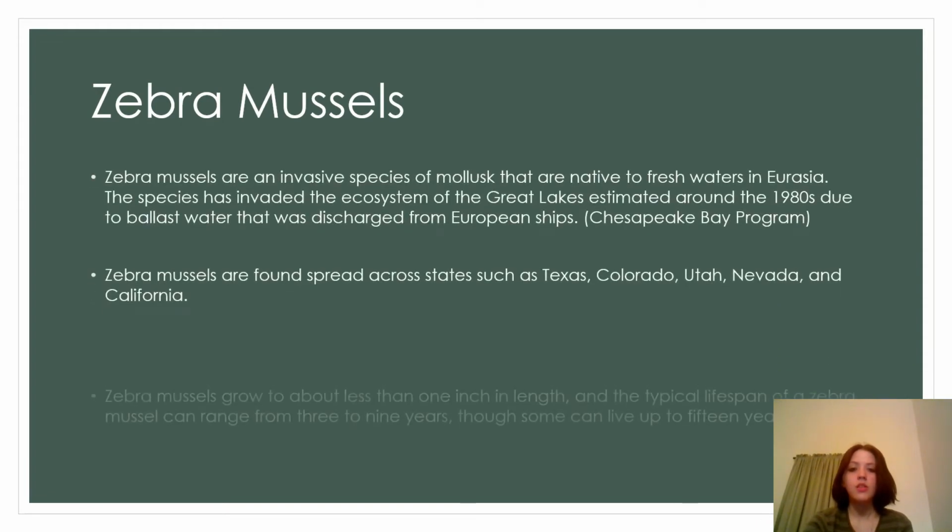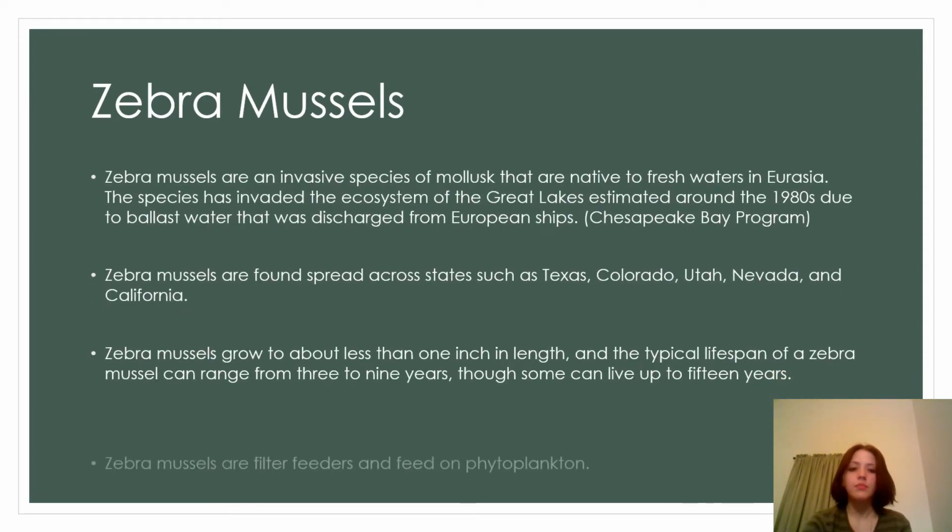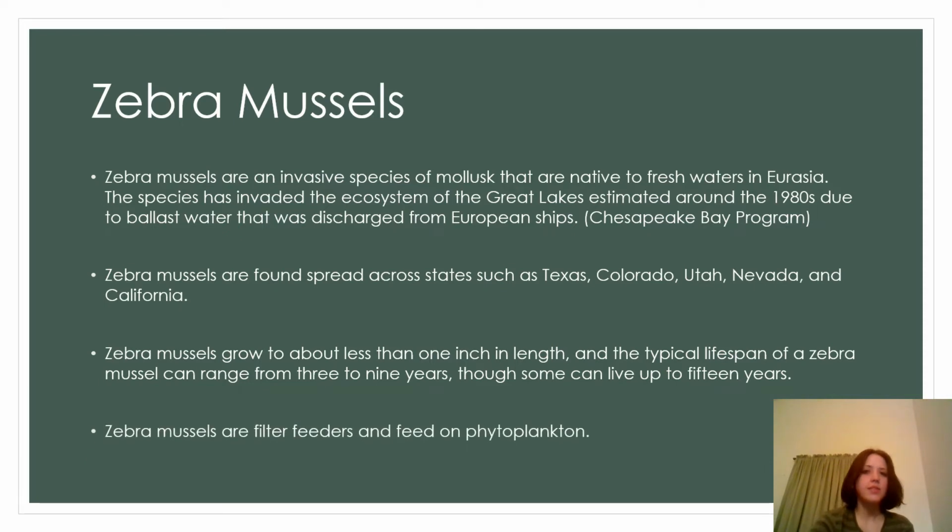To start, these are just some simple facts and information about the zebra mussel. Zebra mussels are an invasive species of mollusk that are native to fresh waters in Eurasia. The species has invaded the ecosystem of the Great Lakes, estimated around the 1980s, due to ballast water that was discharged from European ships.